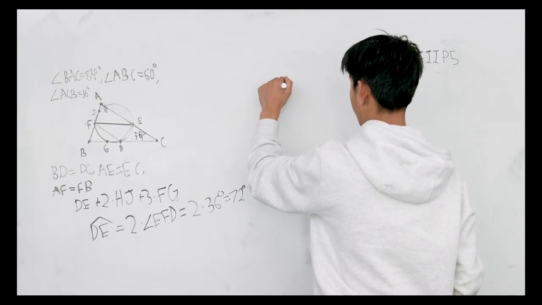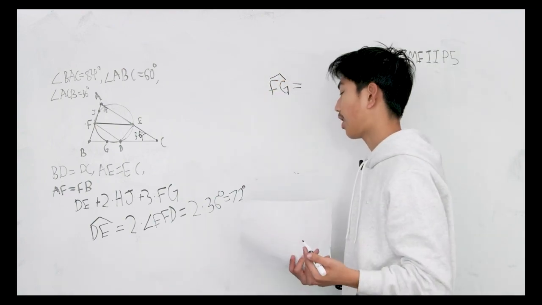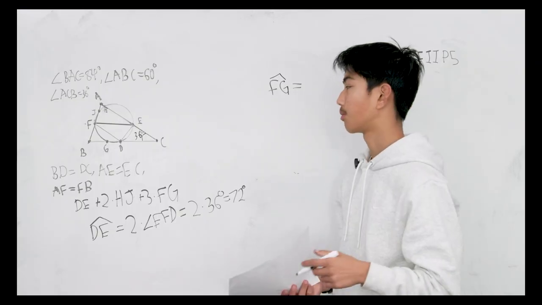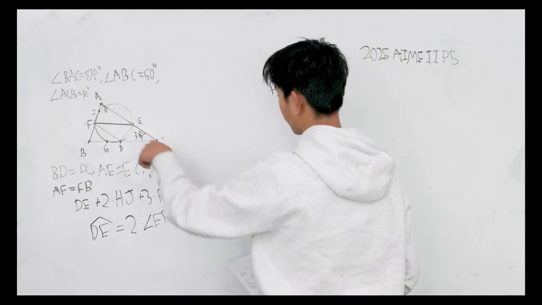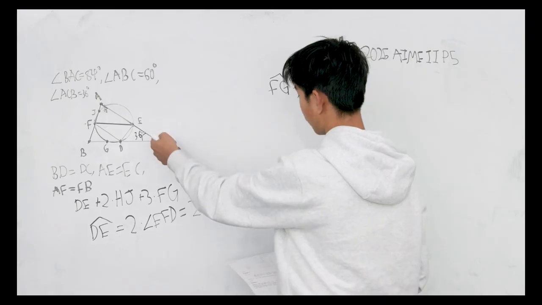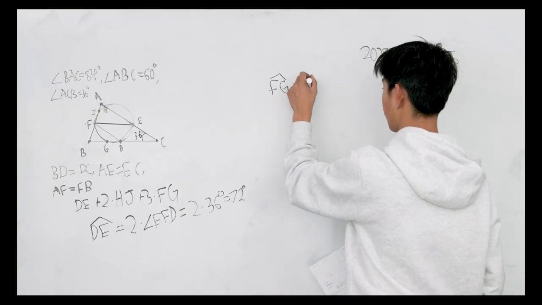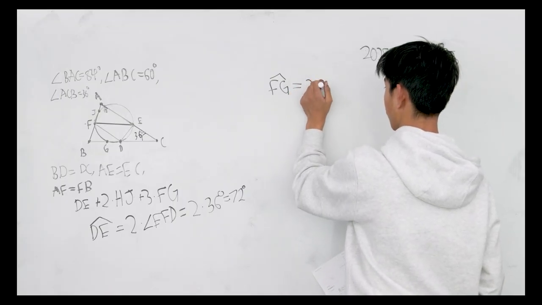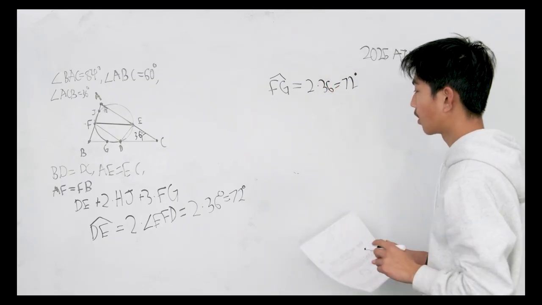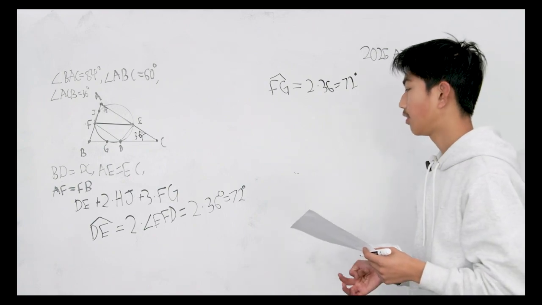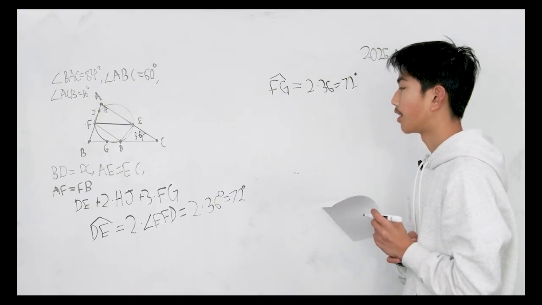Arc FG will have an angle similar to this one due to the similar triangles, because there's another arc here that has a starting angle of 36 degrees, so 2 times 36 is equal to 72 degrees again. Then we have a final arc, HJ, and we leave it to the last because it's the hardest to find.